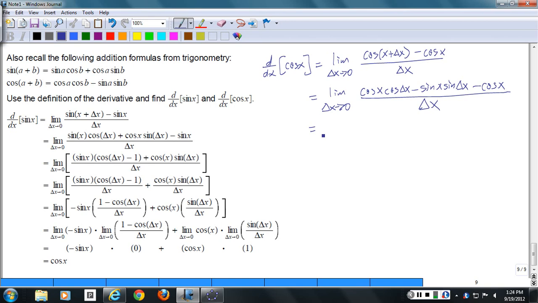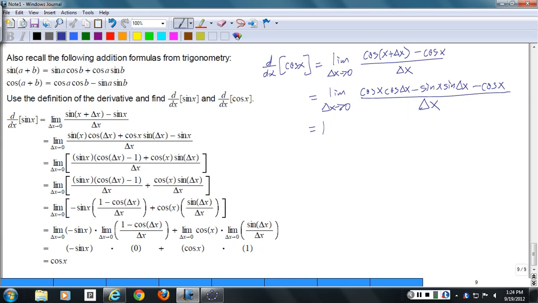This equals, and already I need to be thinking like this really is going to have the feel of those limits that we evaluated in building the trig functions, where x was approaching pi over 6 or x was approaching pi over 3, and we had to do the substitution, let u equal x minus pi over 6 or pi over 6 minus x, that sort of thing. It should have that feel. So I want to get the cosines together.